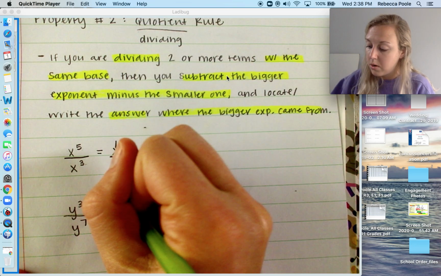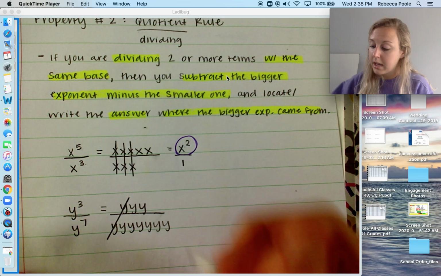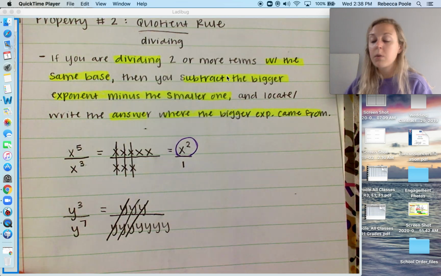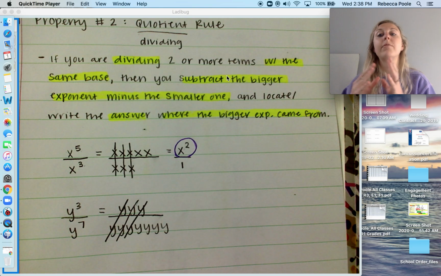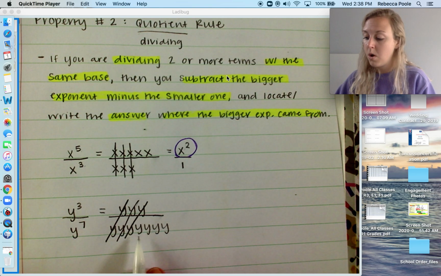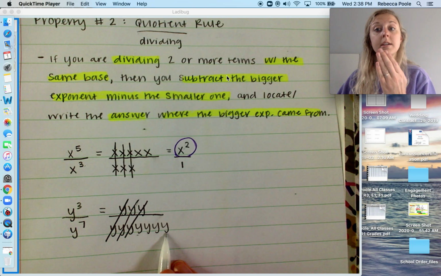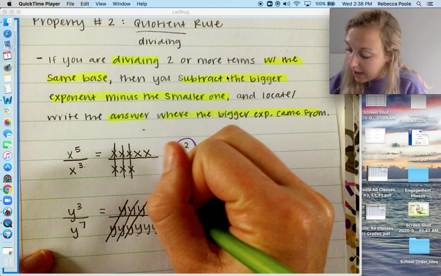So check this out. One set will cancel, right? Another pair will cancel. Another pair will cancel, and how many do we have left that didn't cancel? 1, 2, 3, 4, but this time they're in the denominator, okay?